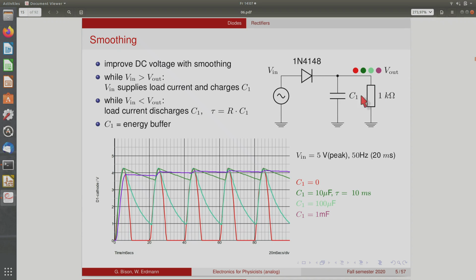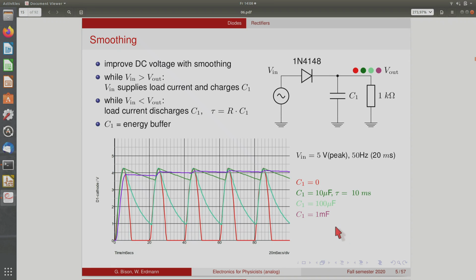And then when your input voltage starts to fall below the level that you have here, the diode stops conducting, so it turns off, and now the load must live from whatever is stored on the capacitor. And this is what you see here. The red now is what was green on the previous slide, so without any capacitor. Now we put different capacitors of increasing value here.